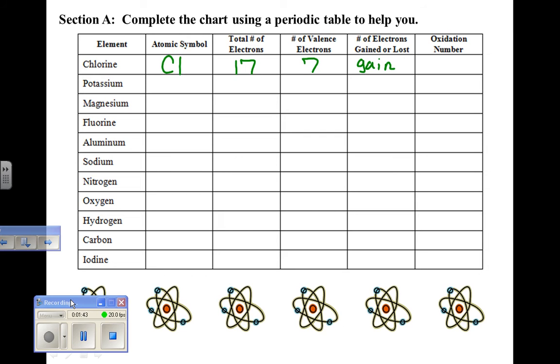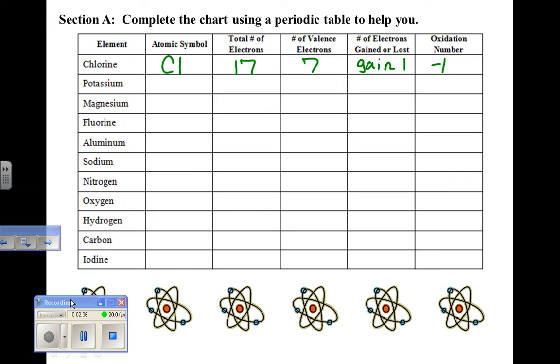The oxidation number has to do with the electrons. If you gain an electron, electrons are negative. So if you gain 1, the oxidation number is actually -1 because you got a negative.